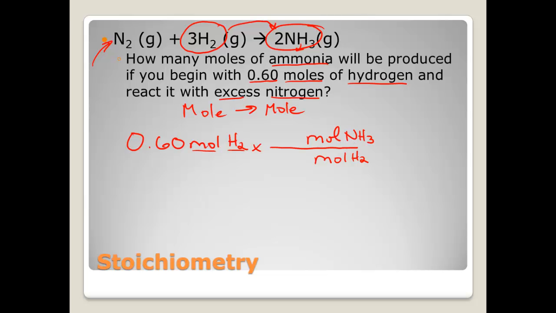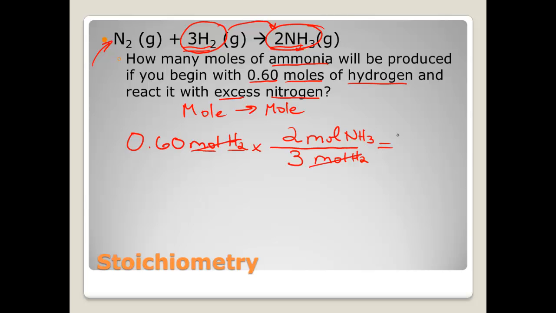Now, I told you that there's 3 moles of hydrogen for every 2 moles of ammonia. 3 moles of hydrogen for every 2 moles of ammonia. That's our recipe. So therefore, in our recipe, our moles of hydrogen are going to cancel out.